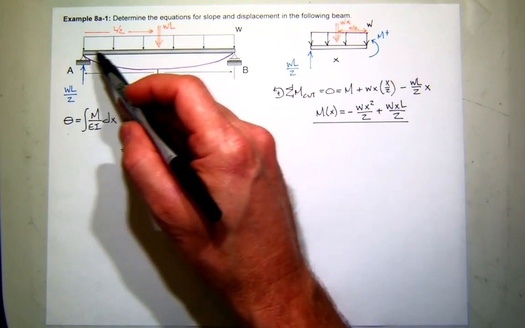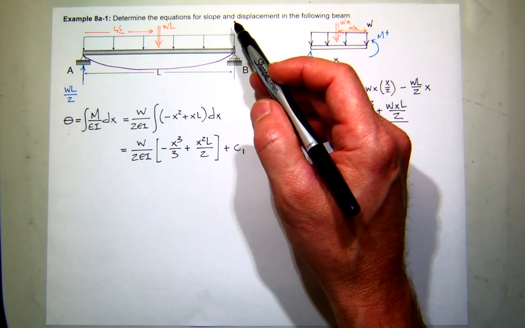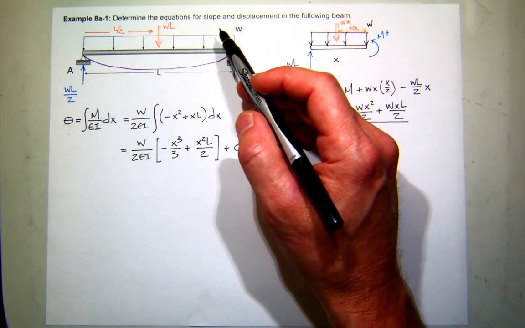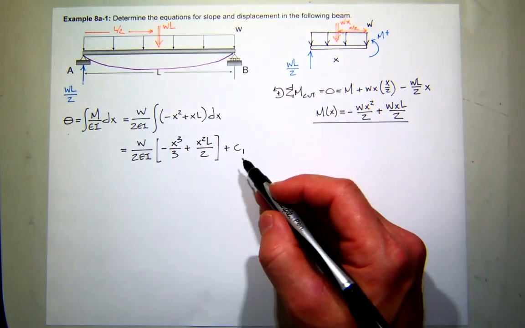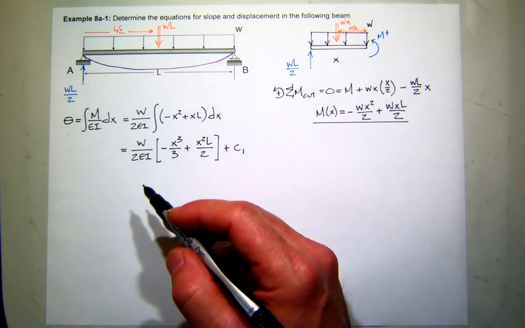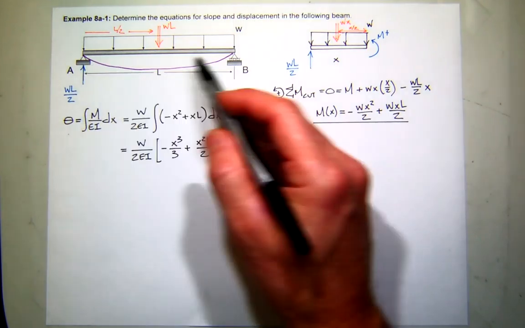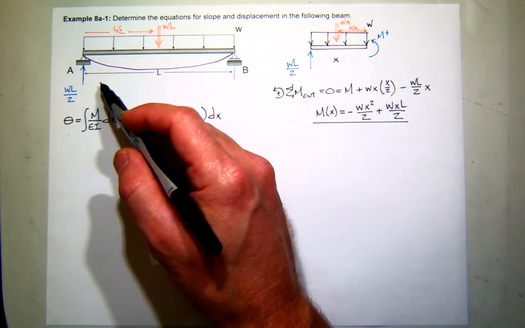If this load were triangular, it would not be 0 in the middle. So I think it's better to just do nothing here and carry it along, and when I get my expression for displacement, apply two conditions that I know are always true.